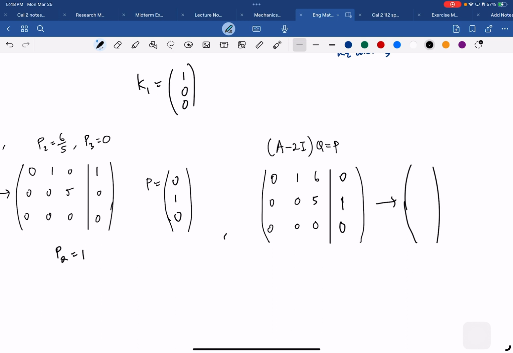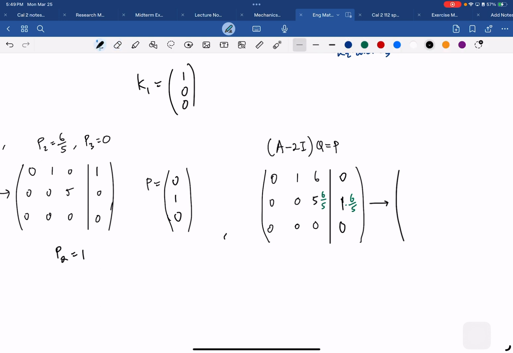First is the P, the second is the Q. This will be very similar. I will make this 0, so 6 over 5 again, and then I will subtract.